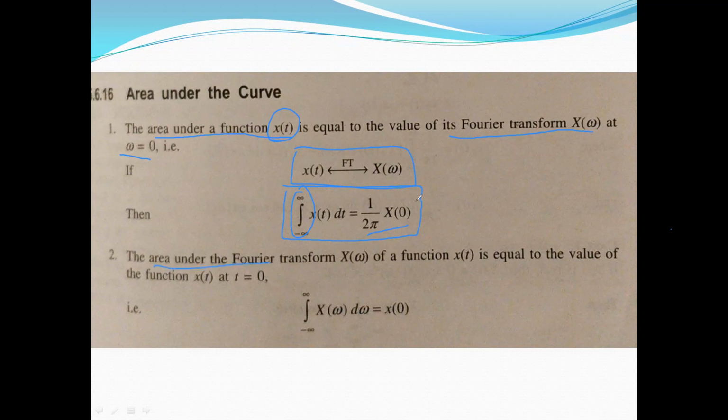Similarly, the area under the Fourier transform x of omega would be equal to the value of the function x of t at t equal to 0. So in reverse, by calculating the area, that is integrating x of omega d omega, it is equal to x of 0. That is the area under the curve.